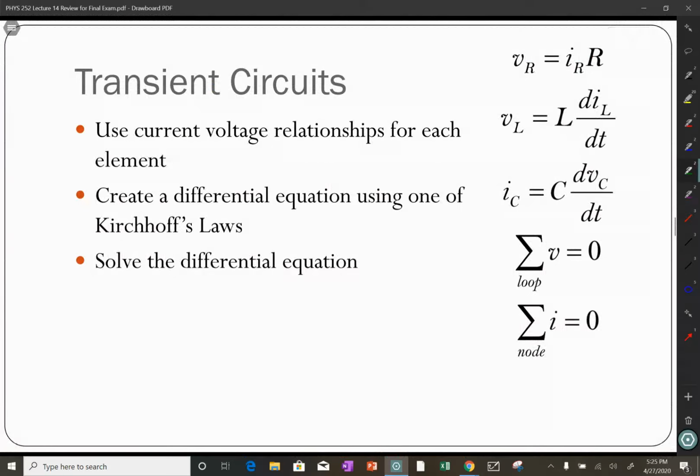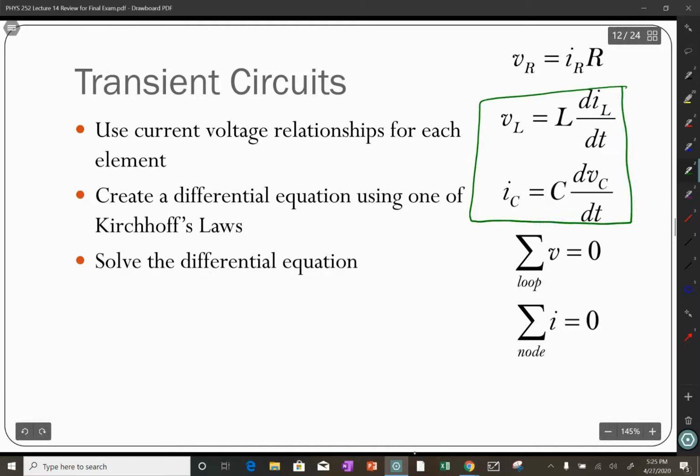Now for transient circuit analysis, we have two fundamental relations for inductors and capacitors. For an inductor, the voltage across the inductor is the inductance times di/dt. For a capacitor, the current through the capacitor, and of course there's no current going through a capacitor, the current coming to it and the current leaving is C dV/dt.